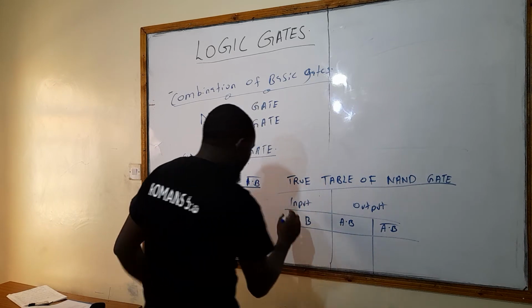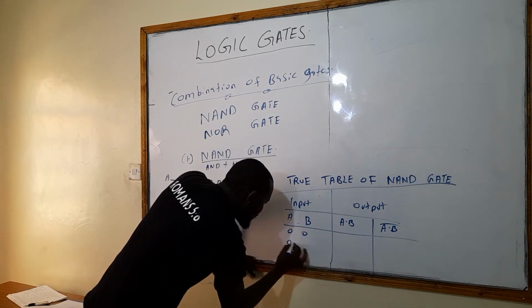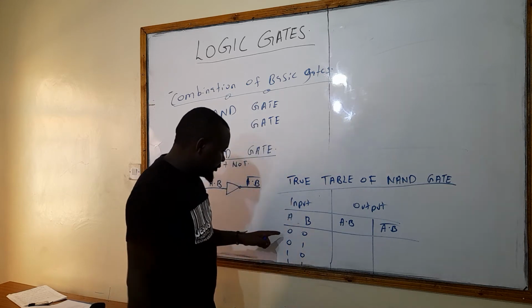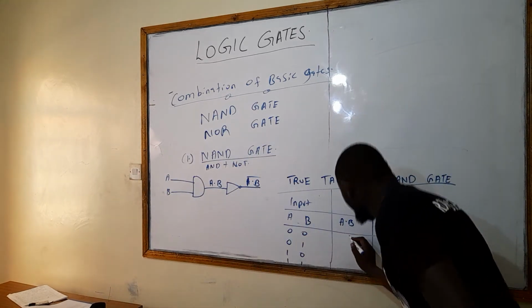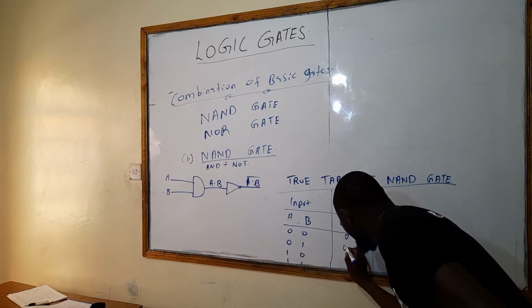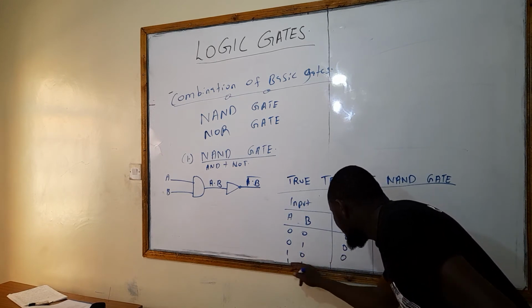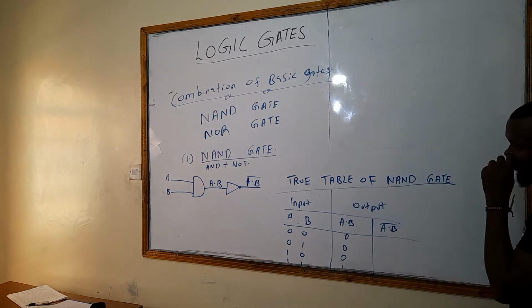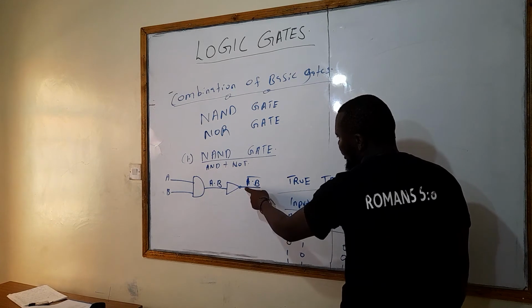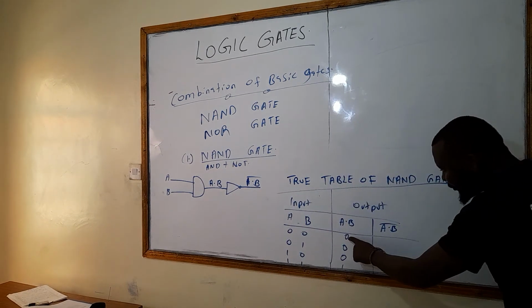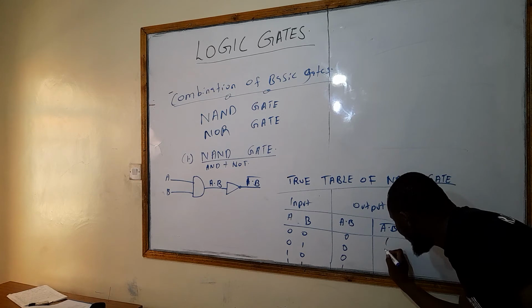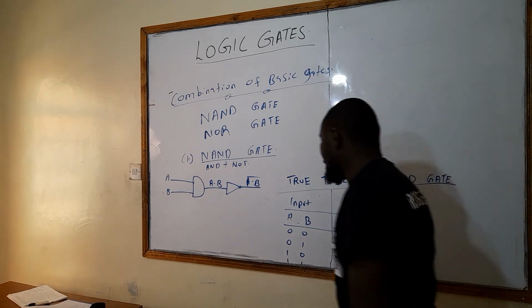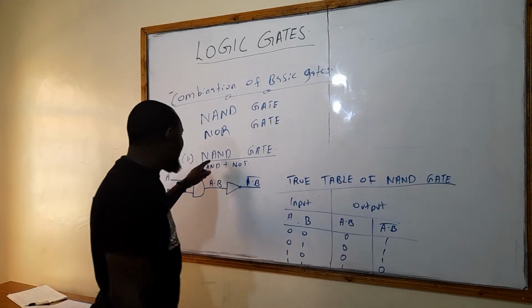Now A and B is 0,0, 0,1, 1,0, 1,1. Now 0,0 in an AND gate gives 0, 0, 0, and 1. Now, when we invert it, we are going to have 1, 1, 1, and 0. So this is the truth table of a NAND gate.